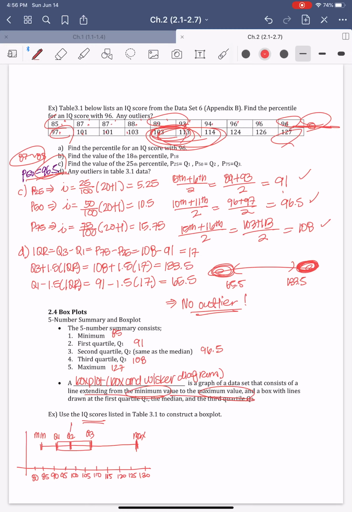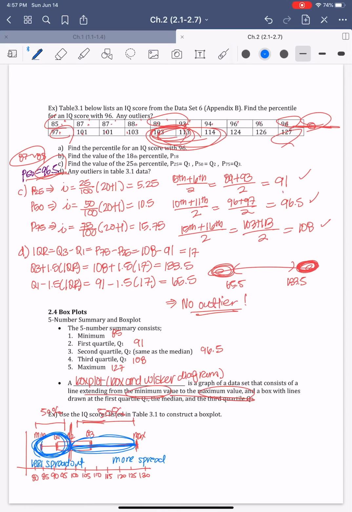You can see that this represents 50% of the data, and then here's another 50% of the data. You can see that the data are kind of close on the bottom 50%, and then the data are more spread out for the upper 50%, because it's a longer distance. So more spread out, and then less spread out.